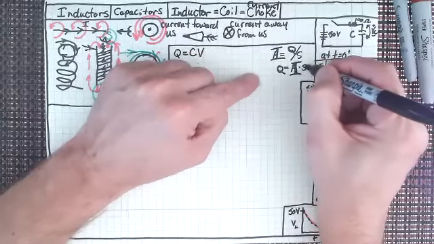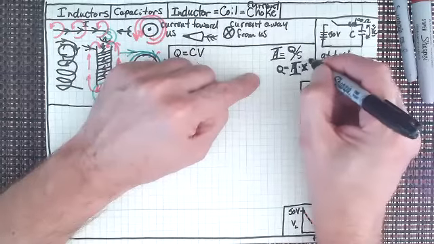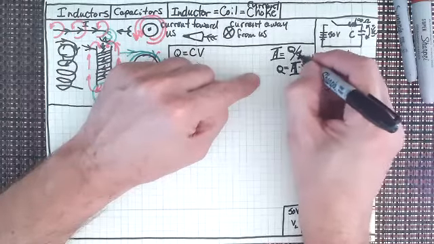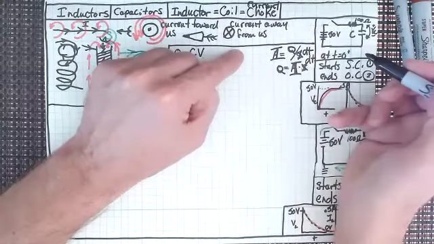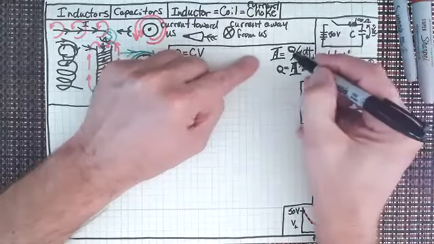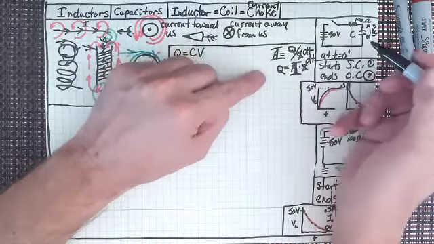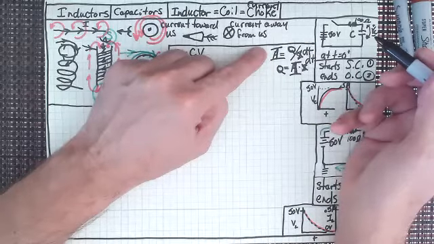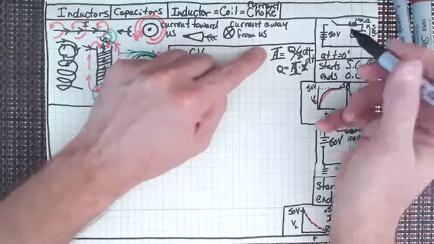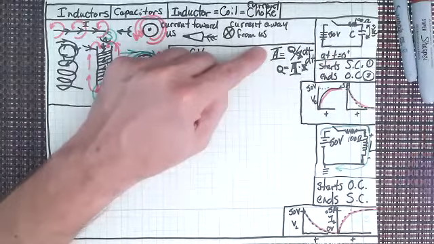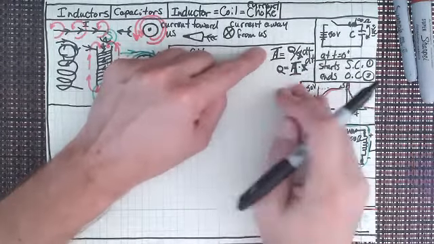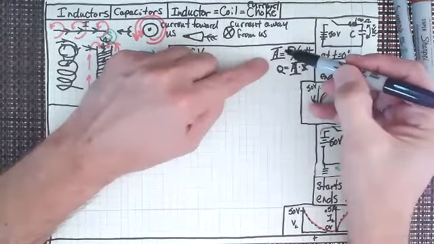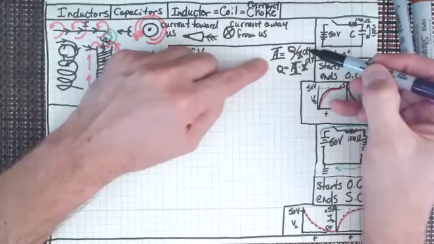And instead of S, I should probably use dt. Look at that. So I equals Q over dt.